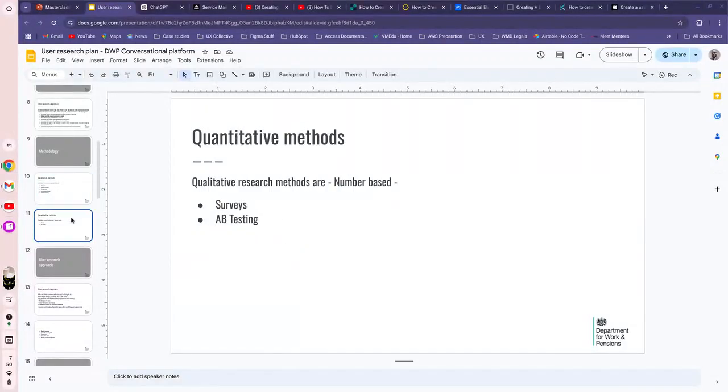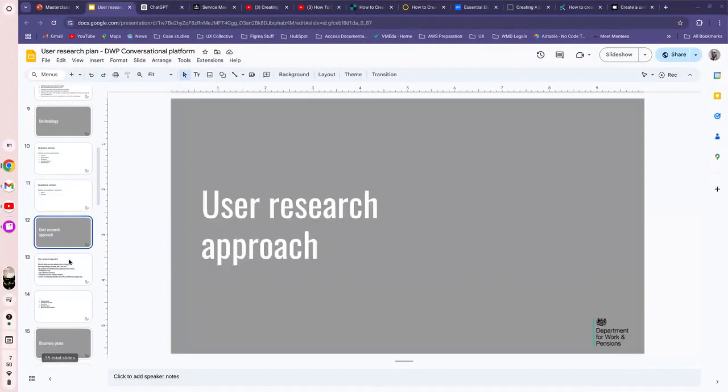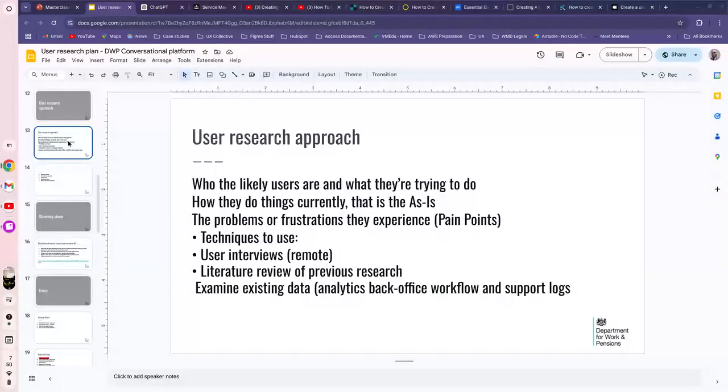Then we talk about the approach we want to take for research. Our approach is around who are the likely people, what are they trying to do, how are things done currently, and what are their problems and frustrations. This is a document that's actually signed off, by the way.